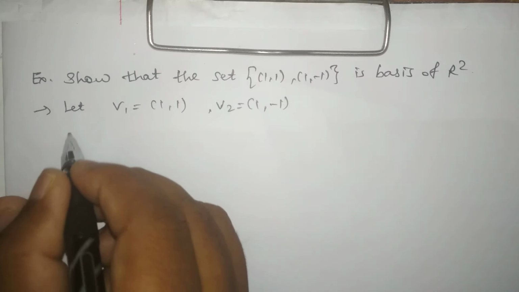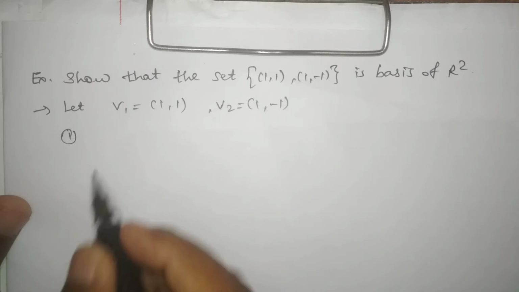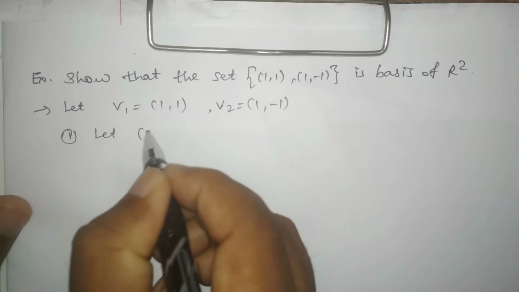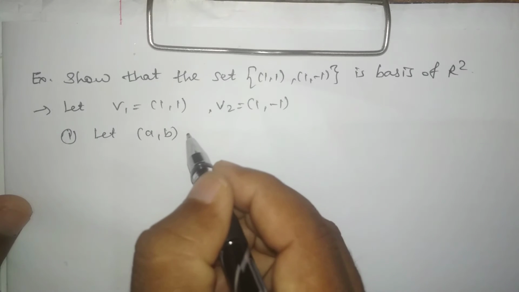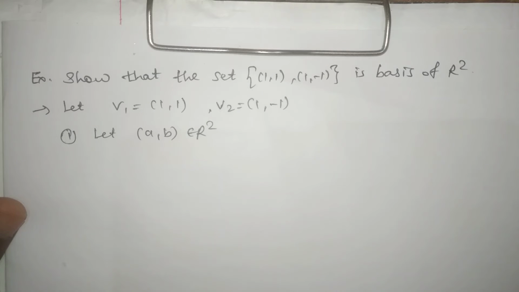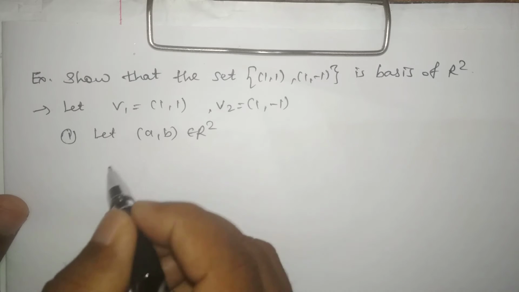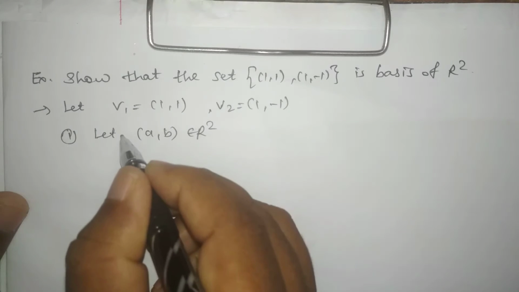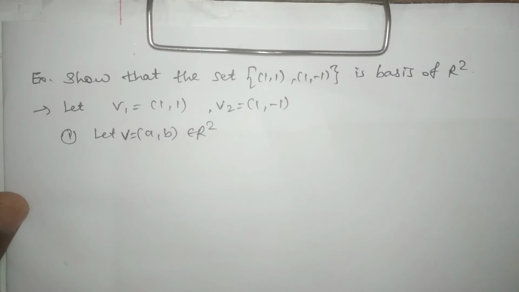To check whether these span R square, consider any element from R square. Let (A,B) be any element from R square, and call this V. So V equals (A,B).